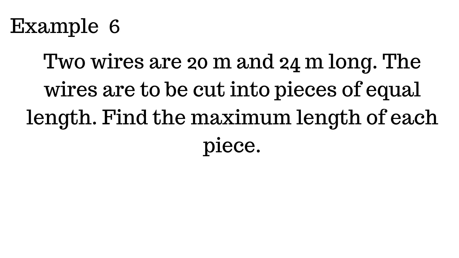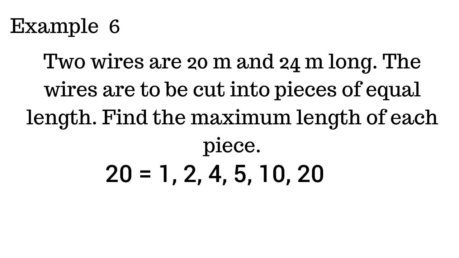First of all, for both of them to be of the same length, it means they both share a factor. So for the maximum, it is the highest common factor. We'll start by listing the factors of 20. That's 1, 2, 4, 5, 10, and 20.